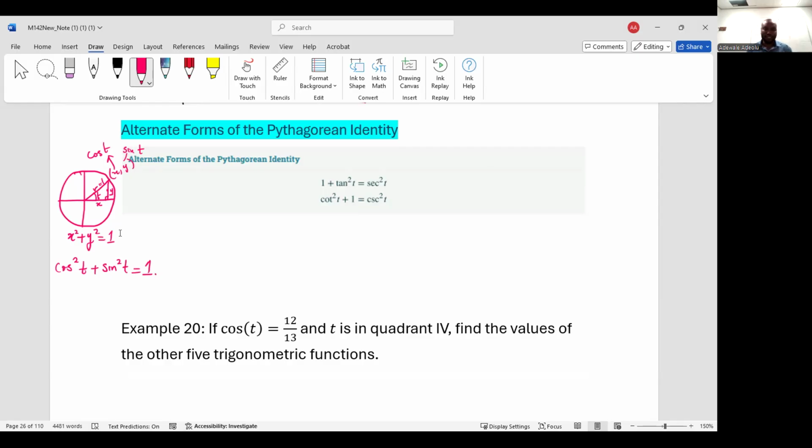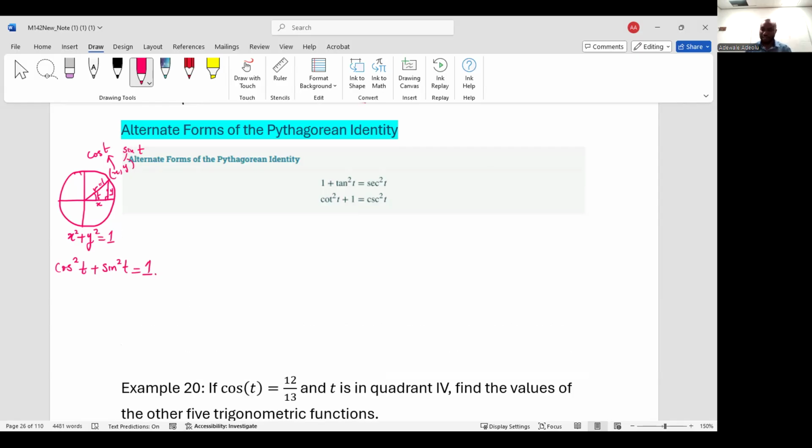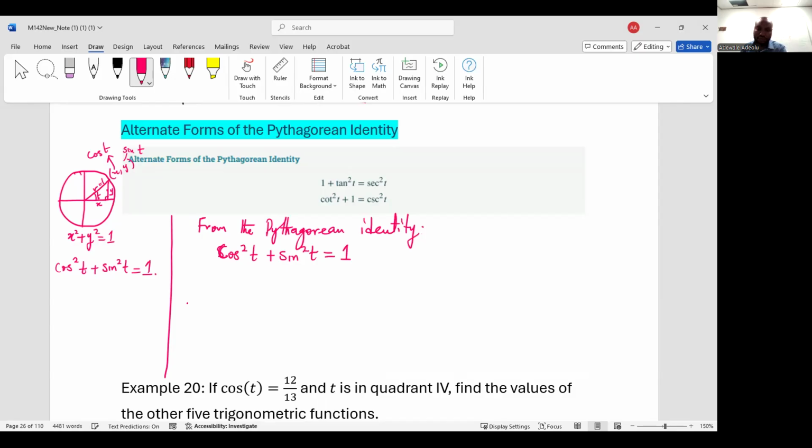We know this. Now, with that, let us look into something much more beautiful. What do I mean? From the Pythagorean identity, that is cosine squared of angle t plus sine squared of angle t equals 1.